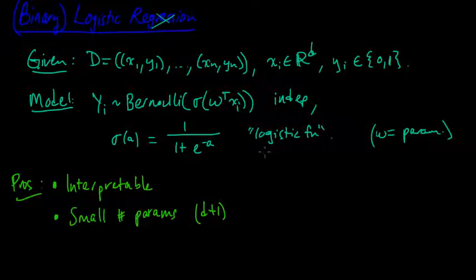And that's a very nice thing, because even as the dimensionality is getting large, the number of parameters is only increasing linearly in the dimension. So that means it's a very simple model in a sort of statistical sense. And that's a very nice property.